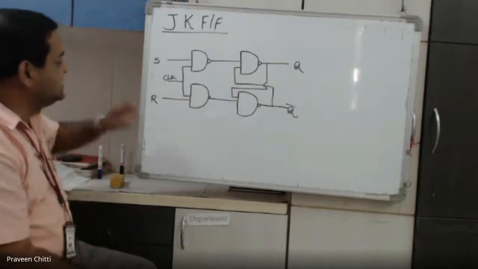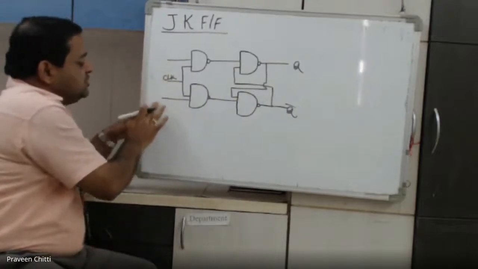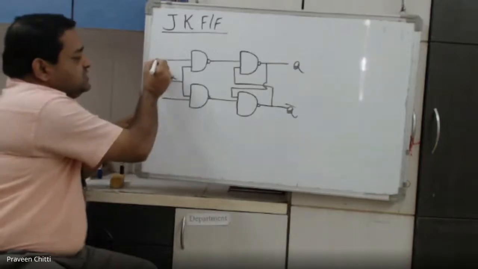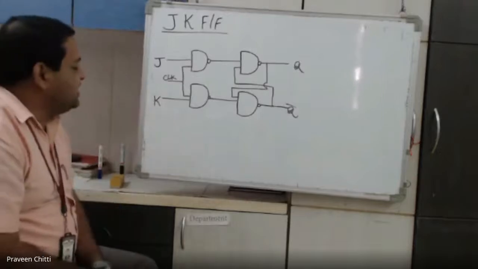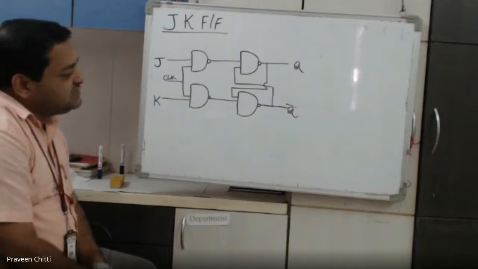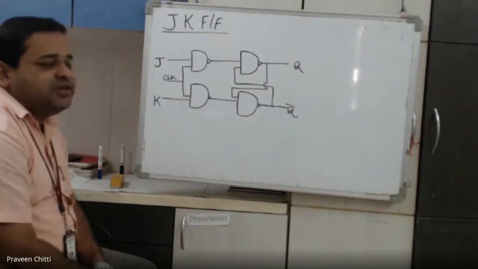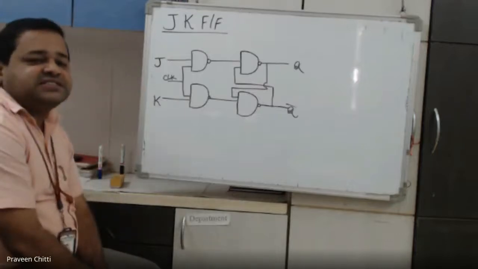The first thing is, you have to remove the S and R inputs and denote these 2 inputs by J and K. Just by changing S to J and R to K, it will not become a JK flip-flop. So what is the important change that you need to do here to eliminate the forbidden state present in the SR flip-flop?